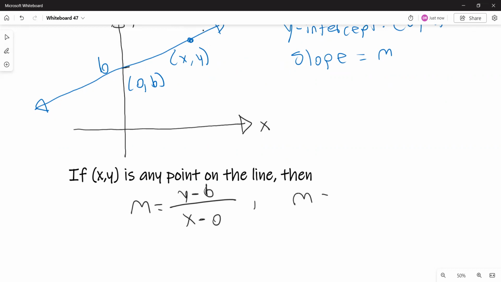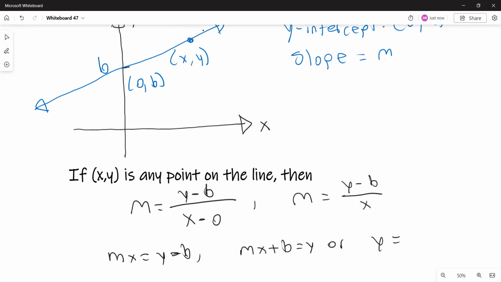So m is y minus b over x. And mx is y minus b. And finally, solve for y by adding b to both sides. And mx plus b equals y, or y equals mx plus b.